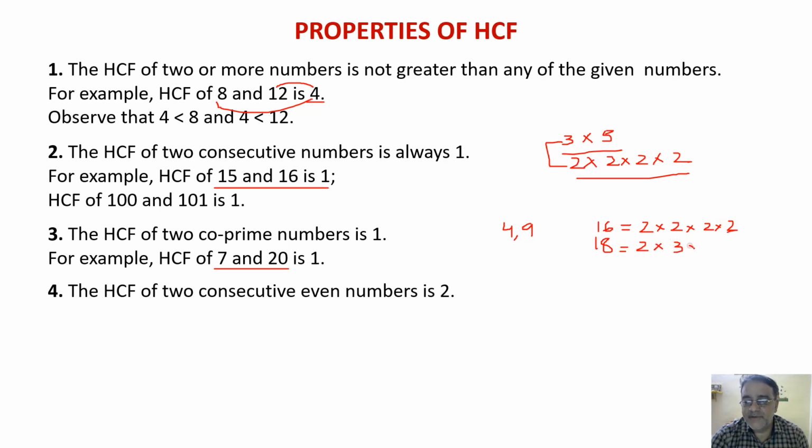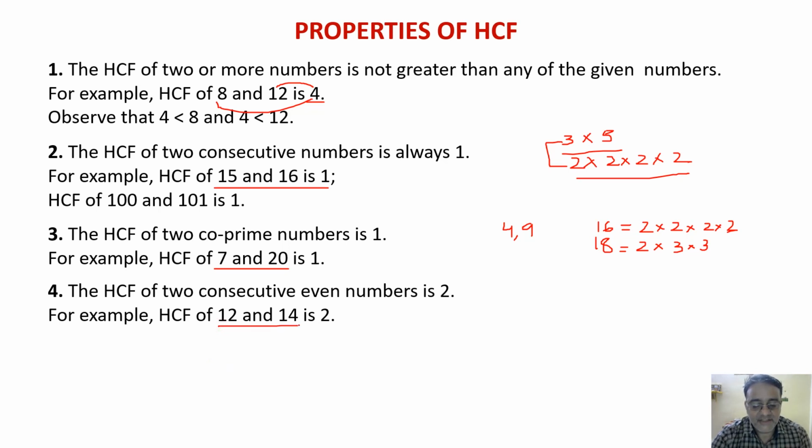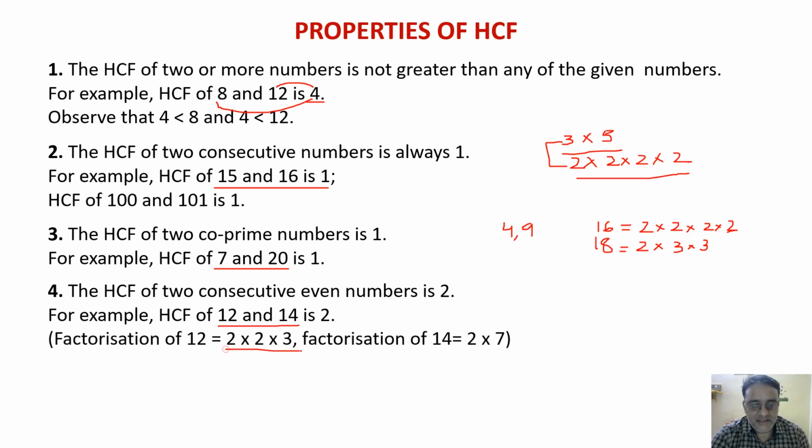Now what is common between these two? 2. Only 2. If you take any other example, 12 and 14, then also you will get 2. Why? The prime factorization of 12 is 2 into 2 into 3, and of 14 is 2 into 7. So only one common 2 is there. That is why the HCF of 12 and 14 is 2.